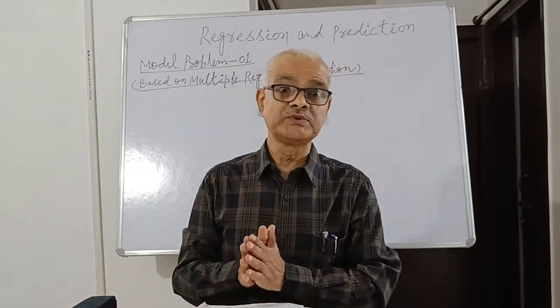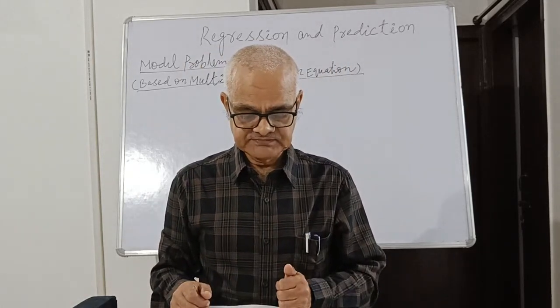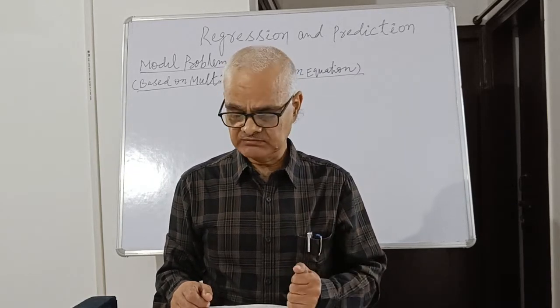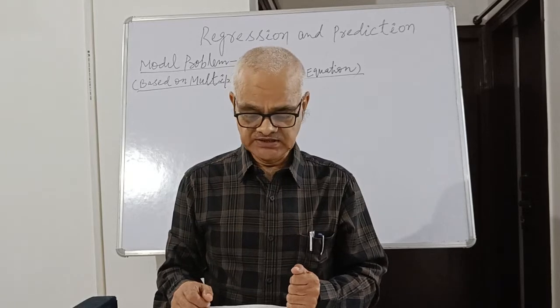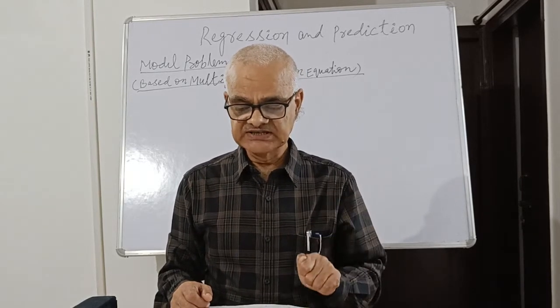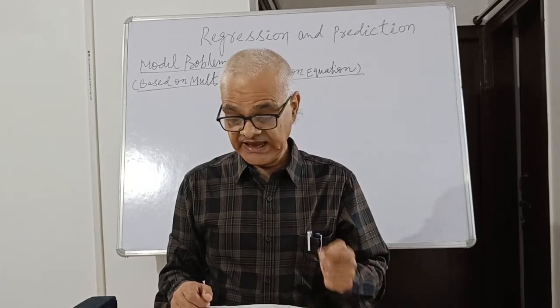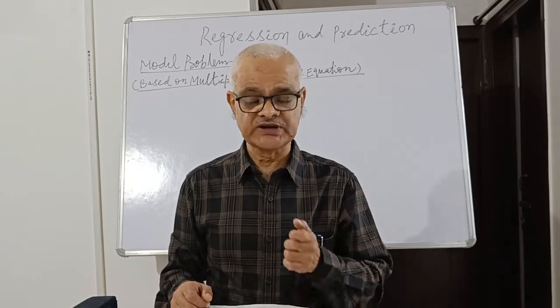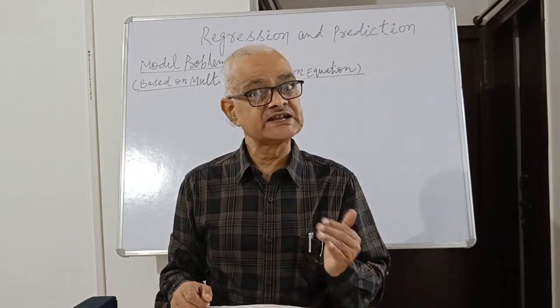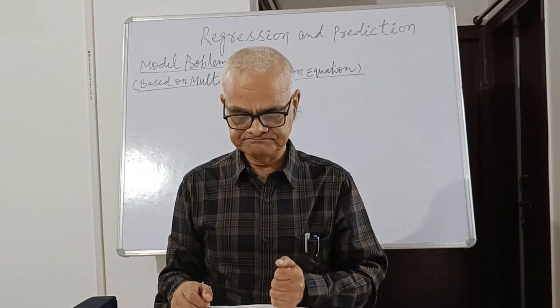Now what the problem says is: make out a multiple regression equation involving the dependent variable x1, that is achievement test, and independent variables x2 and x3, that is intelligence and study hours respectively.